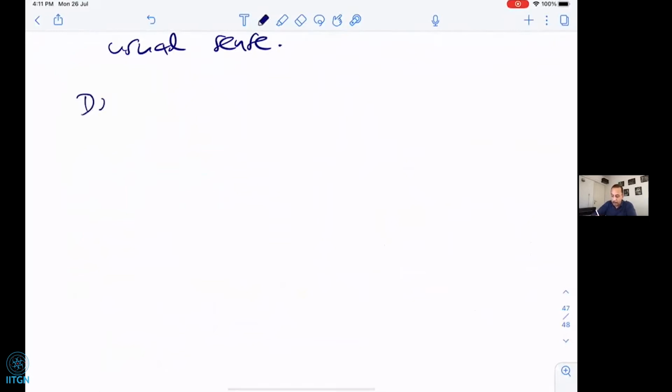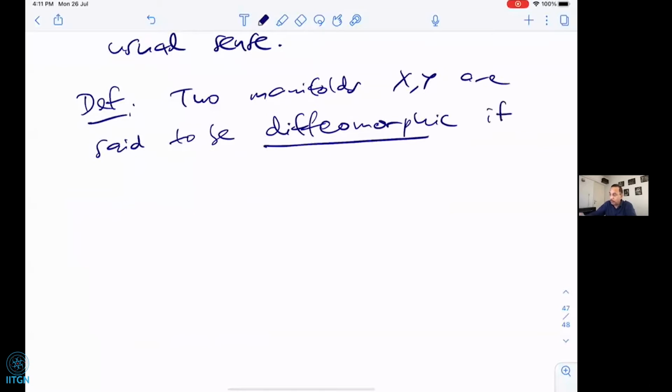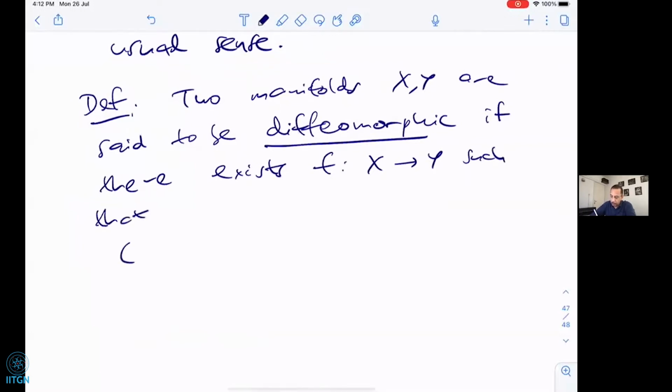Okay. So now I have the interesting definition that two manifolds x and y are said to be diffeomorphic if there exists a function f from x to y, such that, first of all, thought of as topological spaces, x and y are topological spaces, f is a homeomorphism.